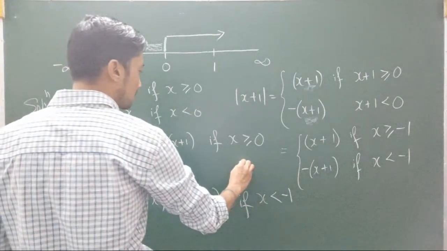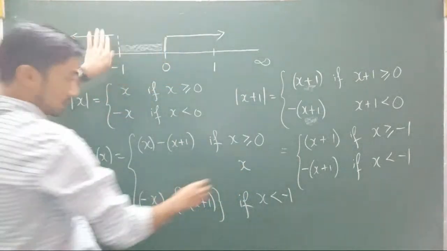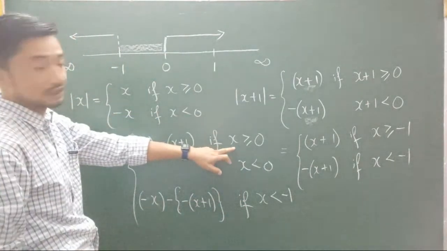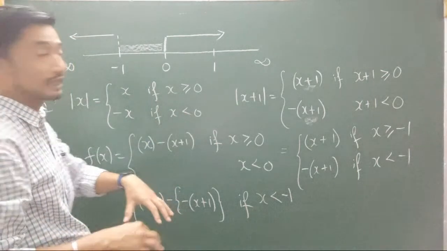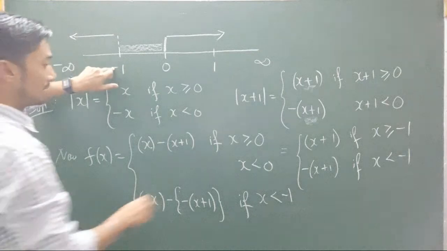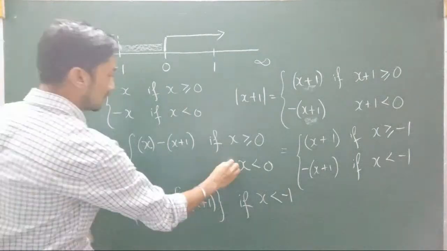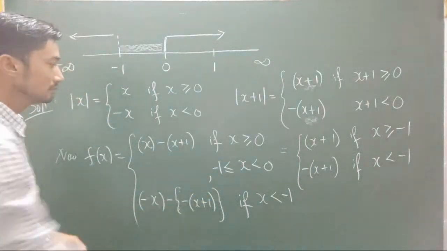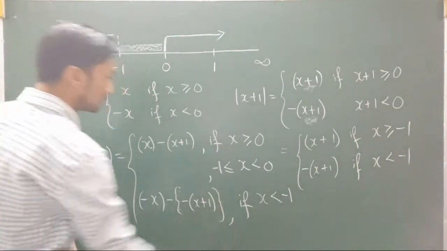So now that portion will be x strictly less than 0, because equal to 0 is already included. What is left we are going to write now. And minus 1 was not included, so this is greater than or equal to minus 1. Got that?